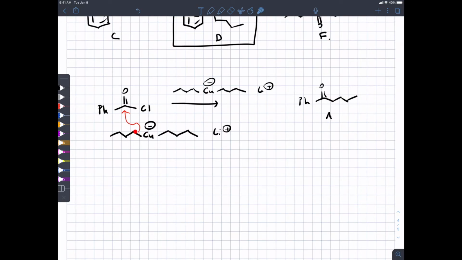Carbon leaves with its electrons, but that's a direct handoff to the carbonyl carbon to give you the tetrahedral intermediate, which looks like this. And then lone pair electrons kick down, kick off the chlorine, and that gets you to your product. So that mechanism is just the same. The players are different, but the mechanism is the same. Okay, questions?